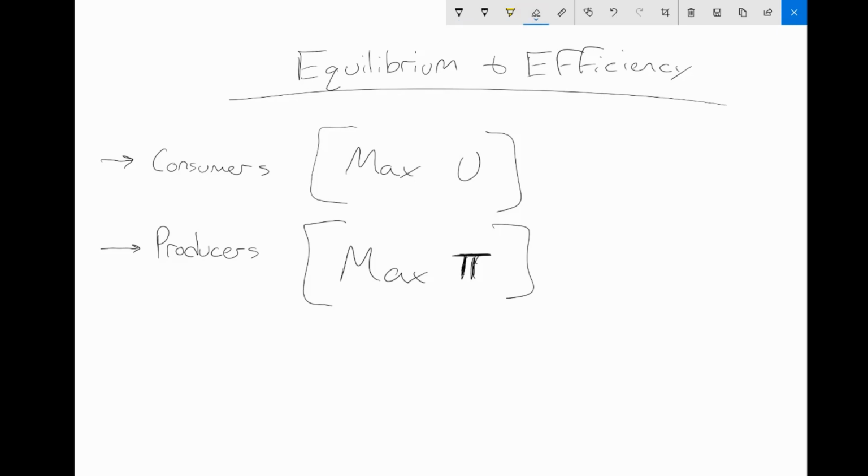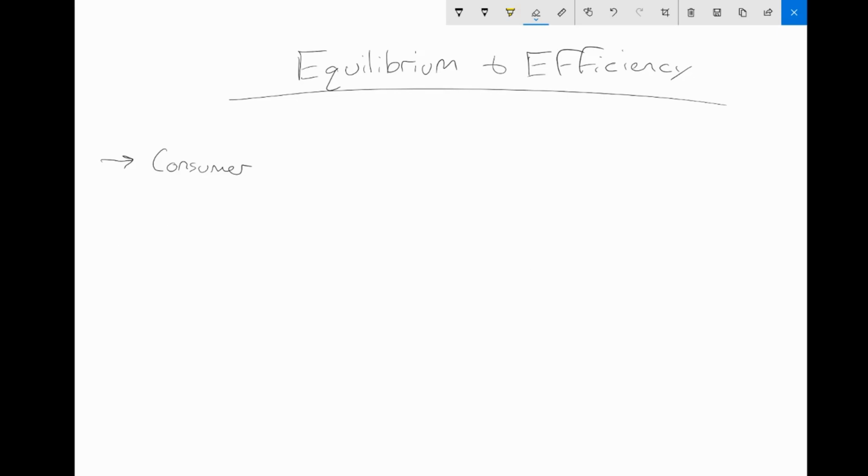All right, so this is what individual rational agents will do. Now the question in this section of the course is to begin thinking about what happens in an economy filled with rational agents. What happens when rational agents interact with each other?